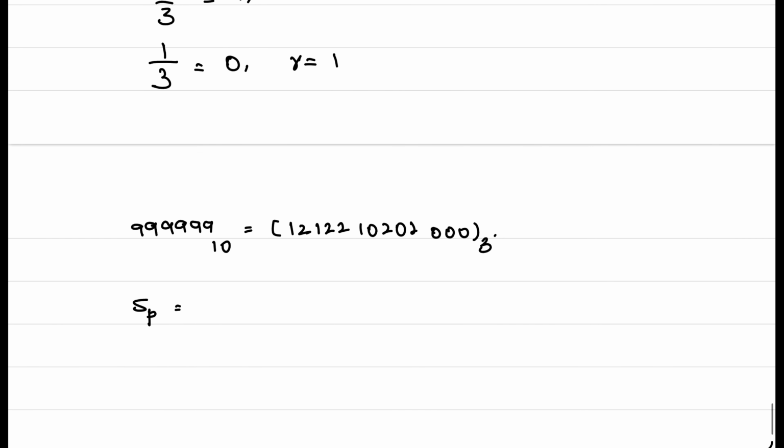The sum of the digits is equal to, what is the sum of the digits? One plus two plus one plus two plus one plus two plus two plus one plus one plus two plus one plus two plus two plus one plus zero plus two plus zero plus two plus zero plus zero plus zero.